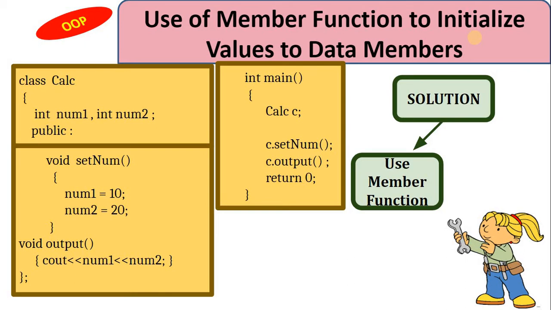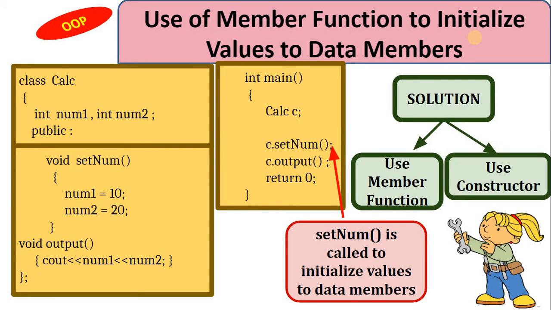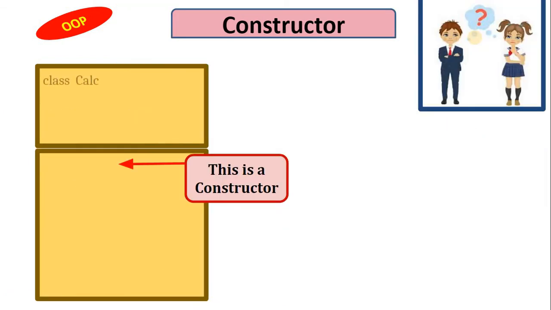But another solution to this is what? Constructor. Your setNum function is called to initialize values to the data members, so instead of that we can use a constructor. How to use a constructor? Class calc with num1 and num2. Now instead of the setNum function I am using calc. Remember, this has the same name as that of the class.